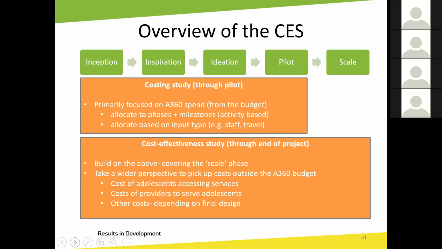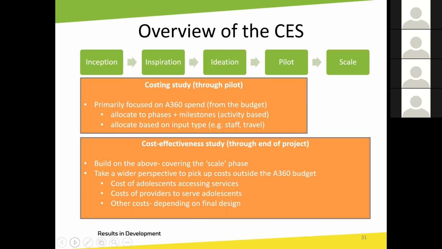And then the cost effectiveness study is going to go through the end of the project, so picking up on the scale part and really looking at the cost of achieving the impact that happens under scale. And this is going to take a bit of a wider perspective, so not just looking at what's in the A360 budget, but also looking at other costs associated with achieving the impacts of A360.